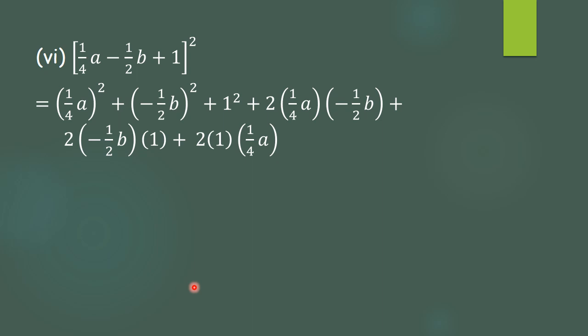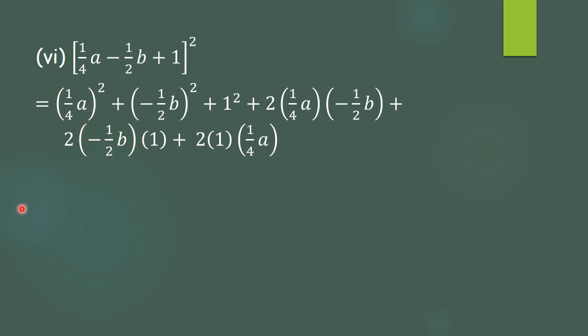So using the identity, we will write it as (1/4 a) the whole square plus (minus half of b) the whole square plus 1 square plus 2 into 1 by 4a into minus half b plus 2 into minus half b into 1 and plus 2 into 1 into 1 by 4 of a.